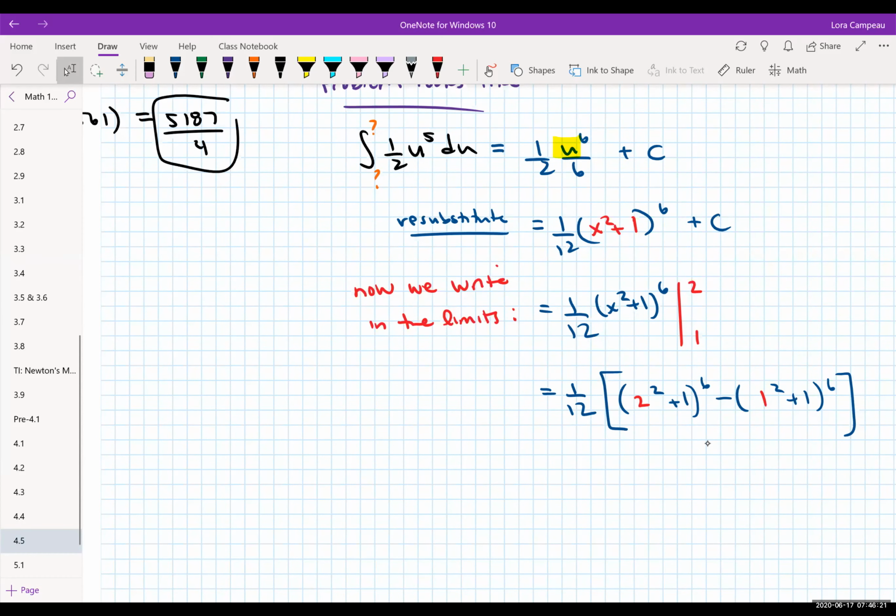And so when we do the math on this, you'll start to see, what do I have, 1/12? Still, well, my friends, what is 2 squared plus 1? 5. 1 squared plus 1, 2. Look familiar? Maybe not yet.